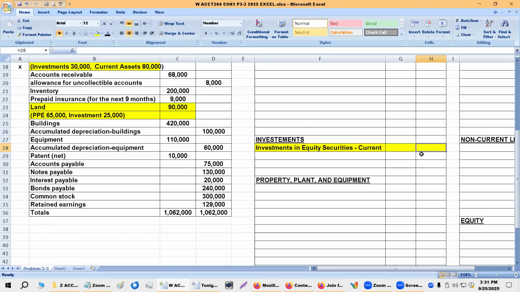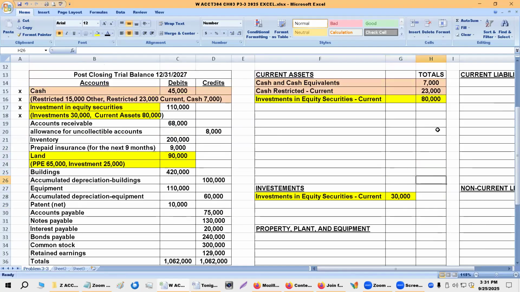About 80,000, it's 30. Okay, so investments current 30,000. Checking to make sure. Okay, 80,000 is current. This isn't current. This is investments, non-current.